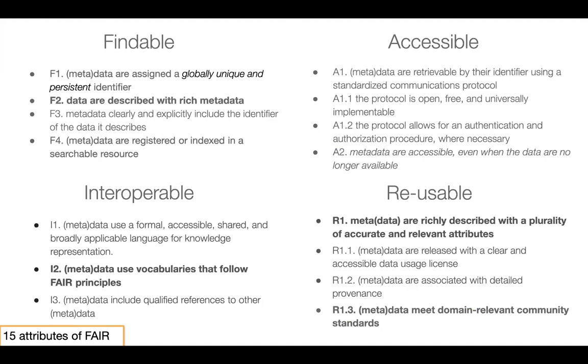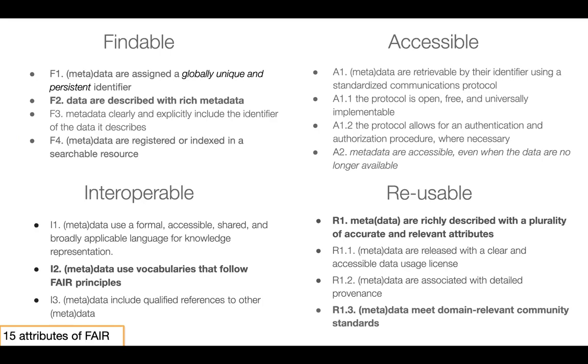In terms of the FAIR attributes, for each of these high-level principles, there are a number of different attributes, and many of them rely on metadata. So how rich is the metadata to describe a data set? What type of vocabularies are used in terms of that metadata to make this data more interoperable?